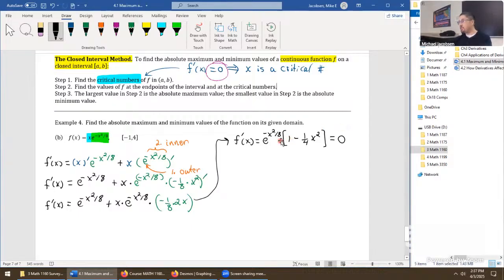The reason factorization is so important is we're using the zero product property. If two things are multiplying together, here's the first thing, here's the second thing in the bracket, to result in 0, then that means two possibilities occur. This implies immediately e to the negative x squared over 8 is 0, or 1 minus a fourth x squared is 0.